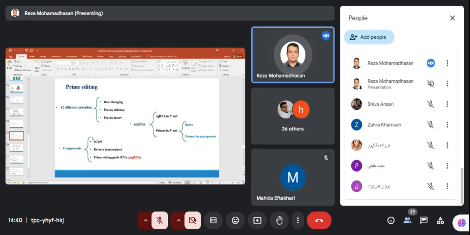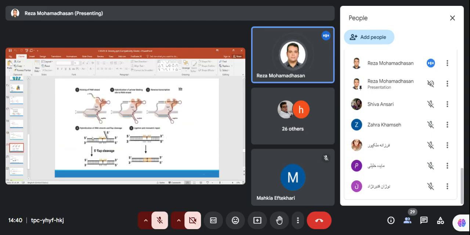Okay, I know that prime editing is a bit difficult to understand because there are many components and maybe it's a bit confusing how it works. So let's take a look at the picture.